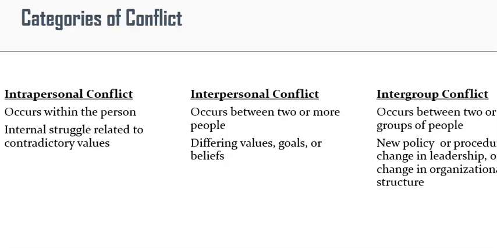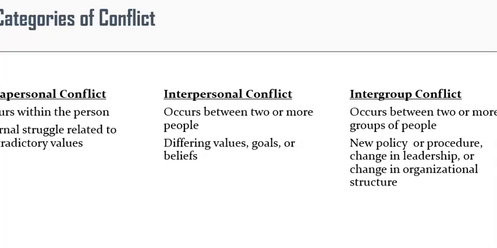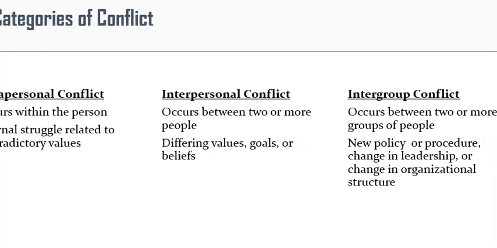Intergroup conflict occurs between two or more groups of individuals, departments, or organizations, and can be caused by a new policy or procedure, a change in leadership, or a change in organizational structure. An example of this would be confusion as to whether it is the responsibility of the nursing unit or the dietary department to pass meal trays to clients.